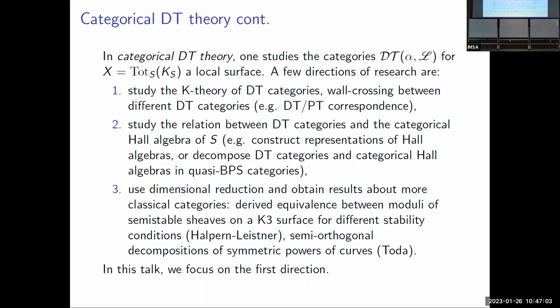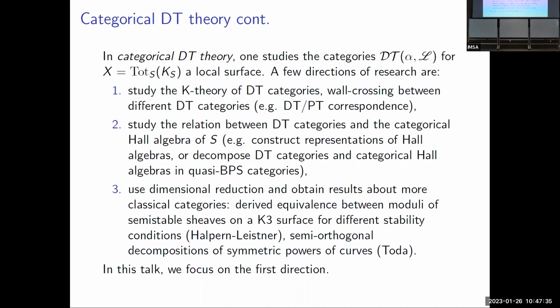Another interesting direction of research is that both these objects are related to the Gopakumar-Vafa or BPS invariants. BPS invariants are the most fundamental enumerative invariants, from which DT invariants or Gromov-Witten invariants should be computed. They have some nice finiteness properties. So here one direction of research is to categorify BPS invariants, then decompose DT categories in terms of this categorification of BPS invariants.